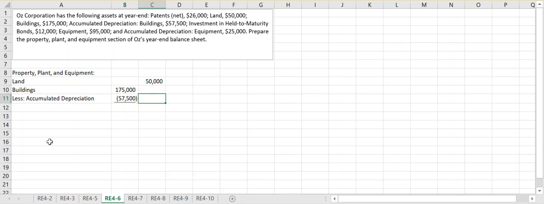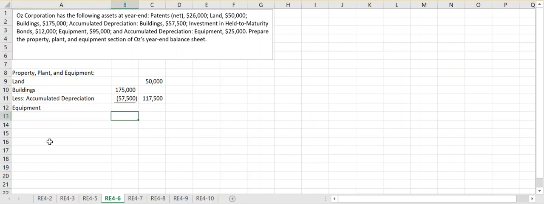The whole point of us buying that building was to help us run and operate our business. And if by doing that, it's eating away at the value, then it should be recorded as that expense. And we keep accumulating it into that contra asset account of accumulated depreciation. The difference between the initial price paid and the amount of accumulated depreciation is known as the asset's book value, how much value we actually have on our books for that asset.